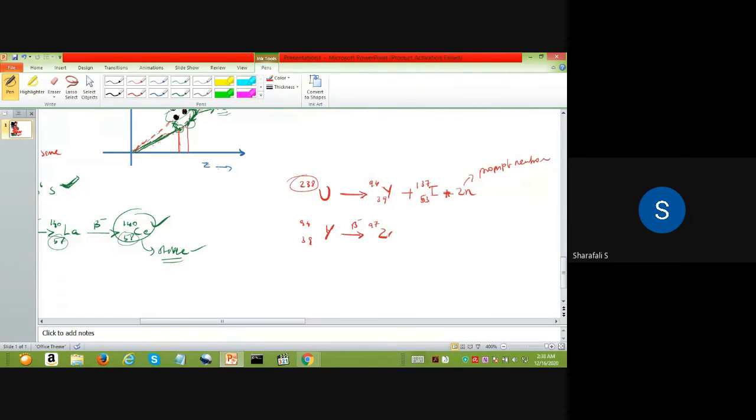So 96 plus 137, that will not come. How much will this come to? 238 should come as total. So this will be around 137, 141, and 231 only. This 231 plus 2 neutrons. So 231, 232, 233. So I need 5 more.